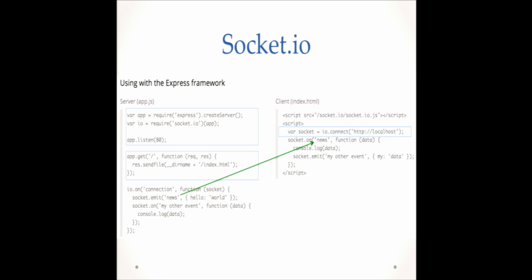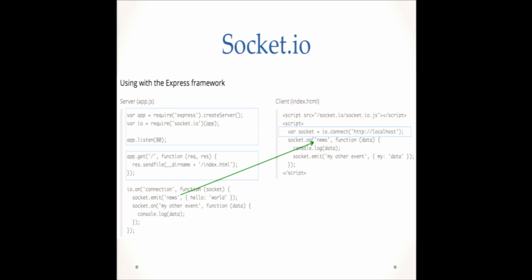Like I said previously, the dynamic that we are going to have is that if the server emits an event, then on the client side you need a handler for that event. Likewise, on the client side, if you emit an event, on the server side you need an event handler for that particular event.